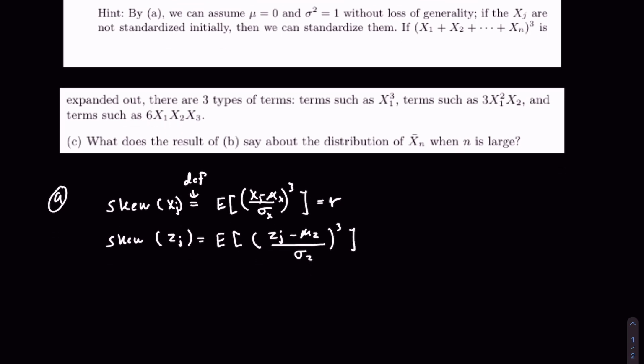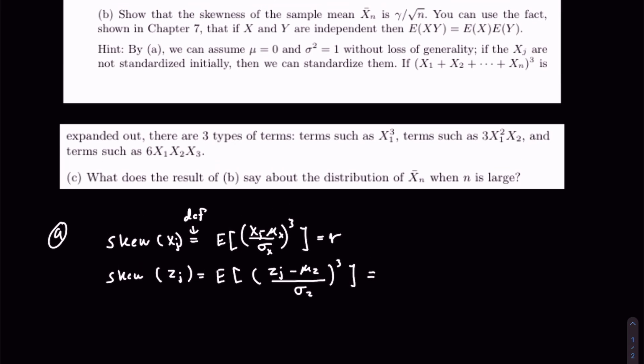Okay, now we know that mu z and sigma z, just because it's standardized, this one is 0, and this one is 1. So we end up having the expectation of zj to the power of 3 here, okay?